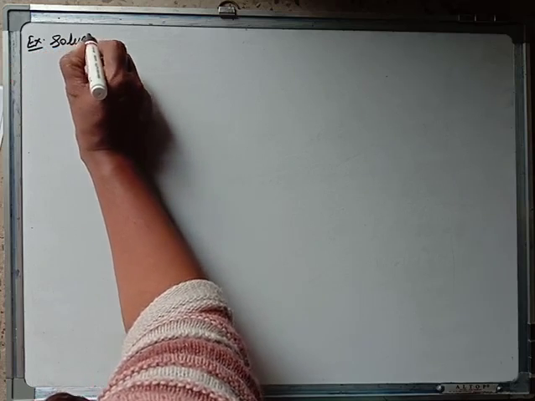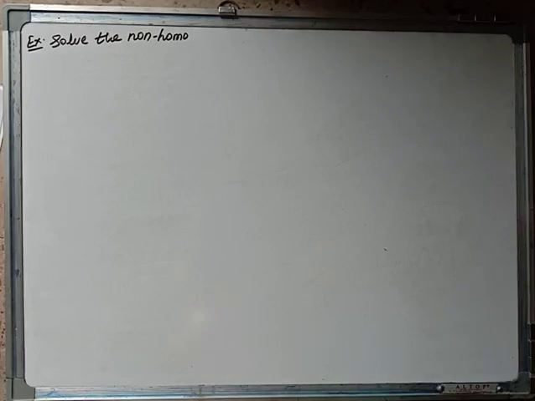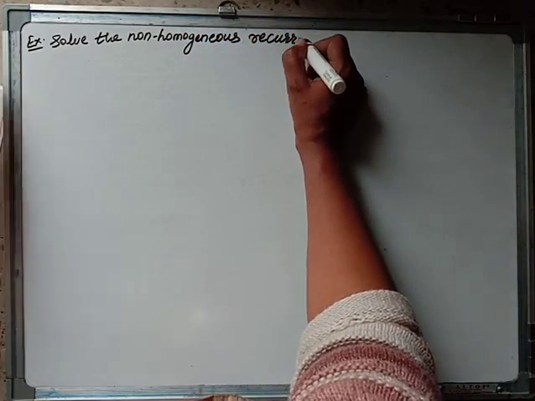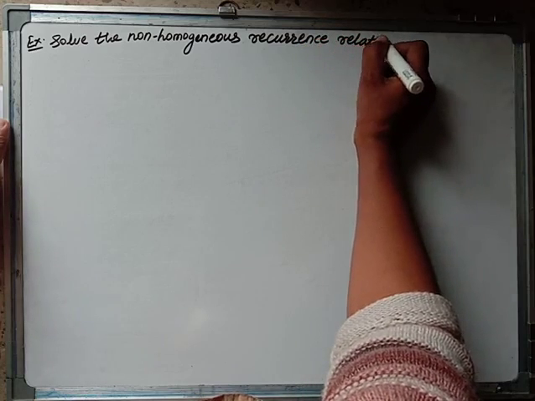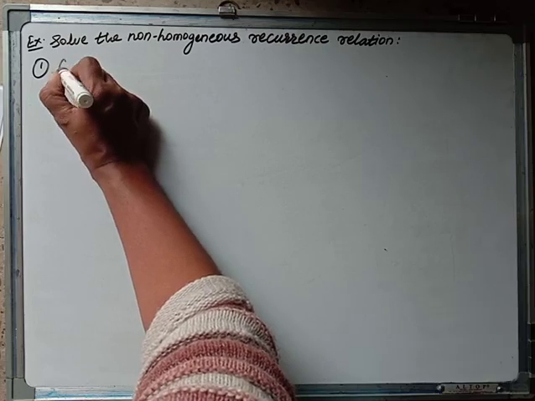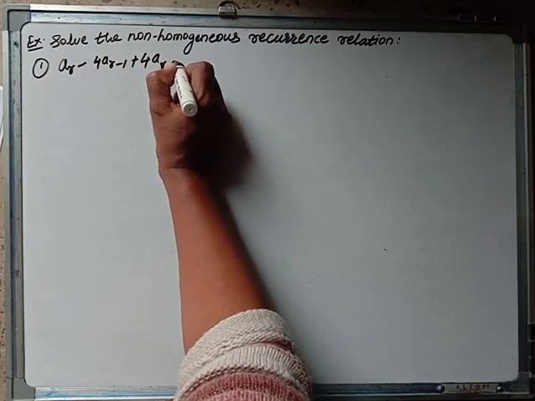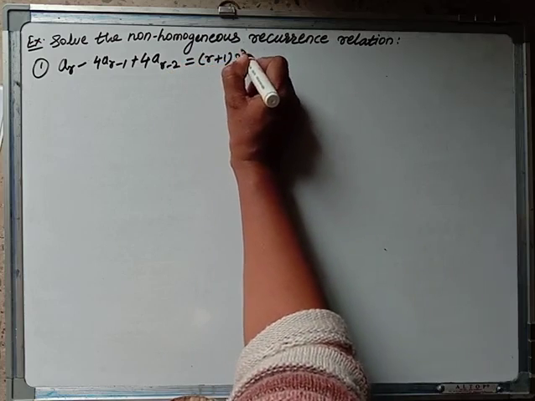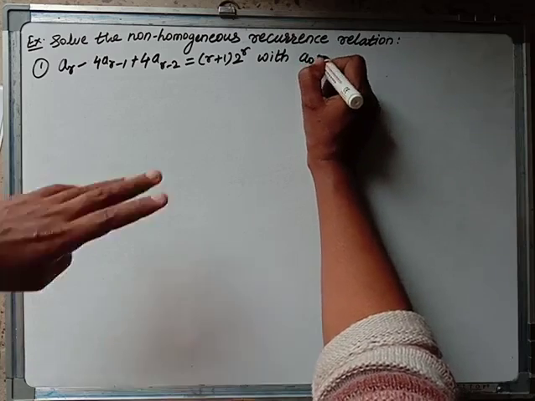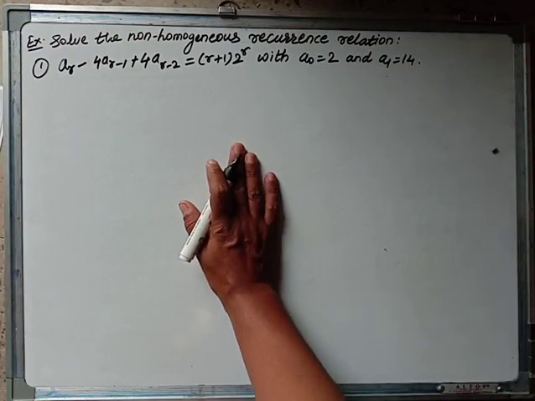Solve the non-homogeneous recurrence relation: a_r minus 4 a_(r-1) plus 4 a_(r-2) is equal to (r plus 1) into 2 raised to r, with a_0 equal to 2 and a_1 equal to 40. Okay, now let us solve this recurrence relation.